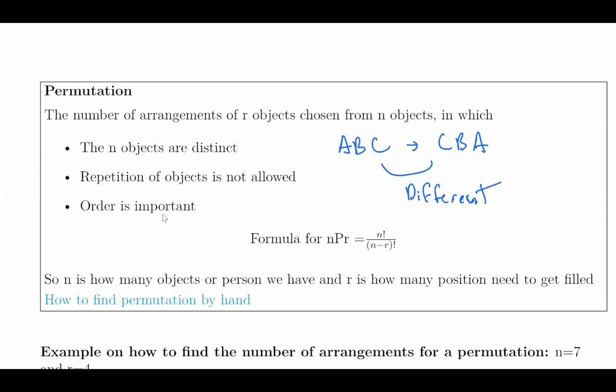Okay. For permutation, you're going to have two letters, n and r. N is how many options you have, so the total options. R represents how many you are choosing. So of the total options, we want to see how many we choose.